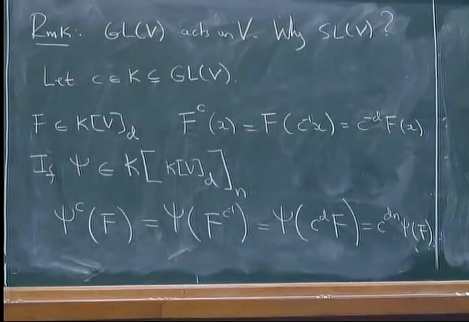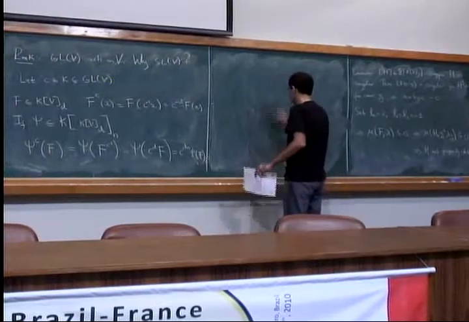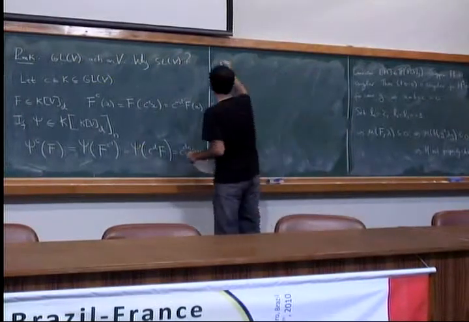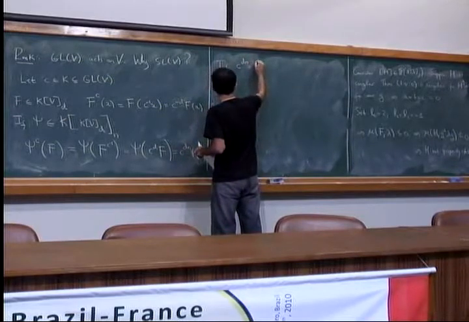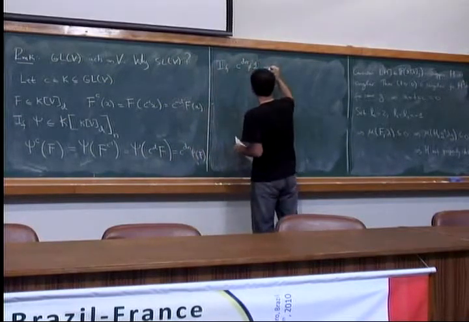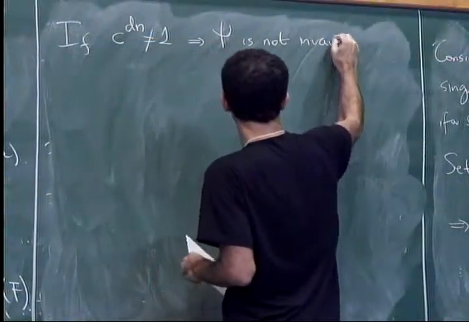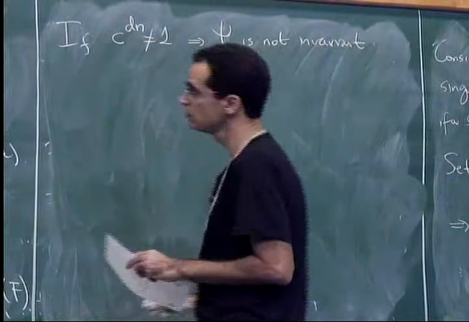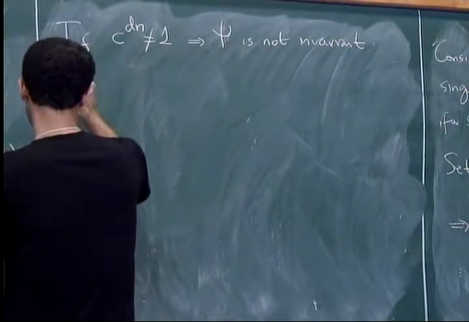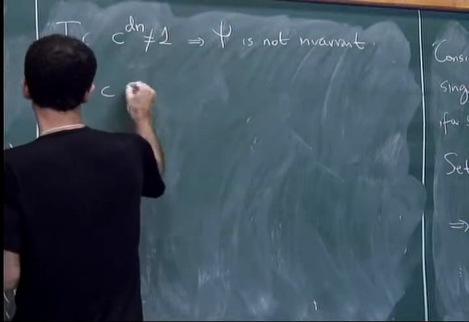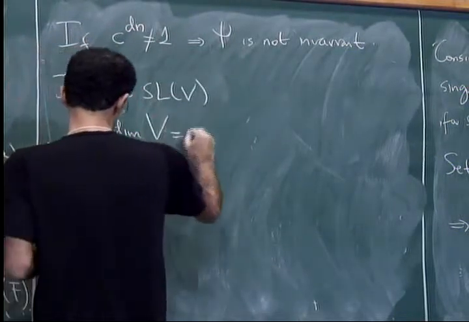In fact, even if you're restricted to SLV, if C to the dn is different from 1, then you see that psi is not invariant. But if we are in SLV, say that the dimension of V is m.